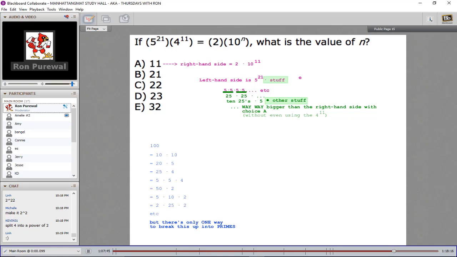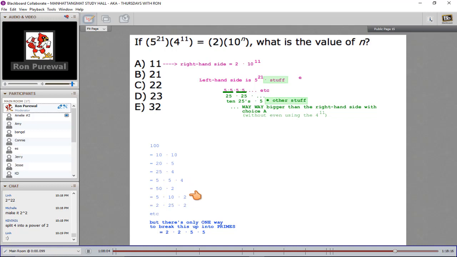This is the whole point of prime factorizations. What you're looking at here is that the left-hand side is kind of like if I broke up 100 like this, and the right-hand side is kind of like if I broke up 100 like that.